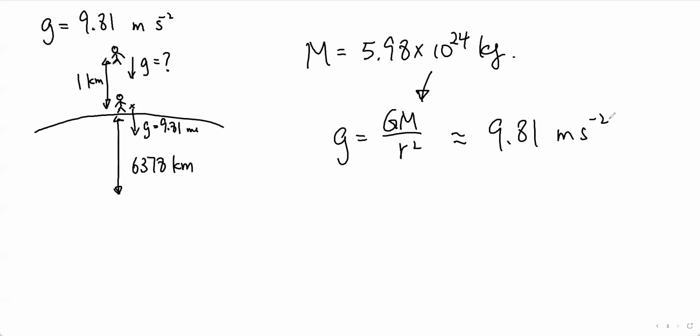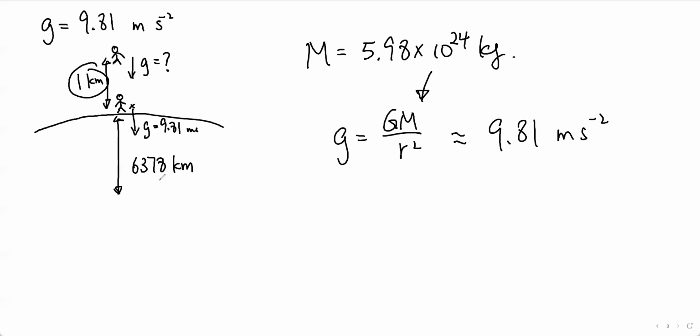9.807. It's still 9.81. You still get the same value because this 1 kilometer is actually much less than 6,378 kilometers.